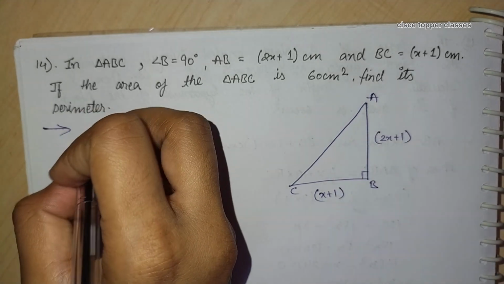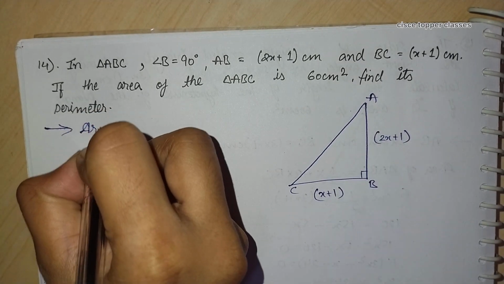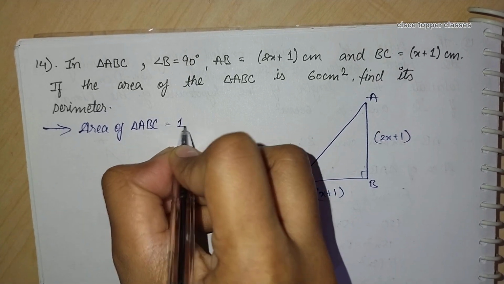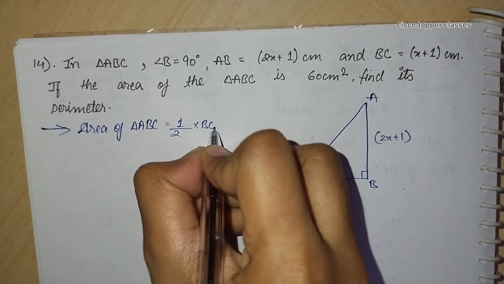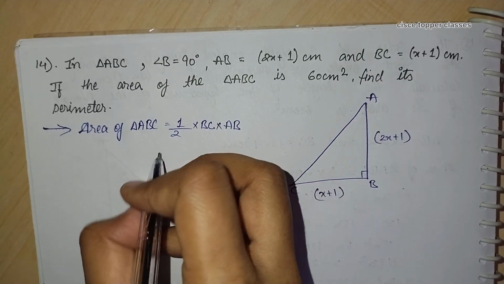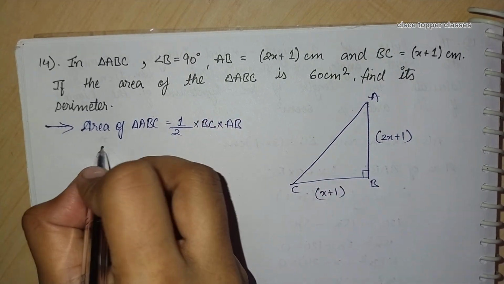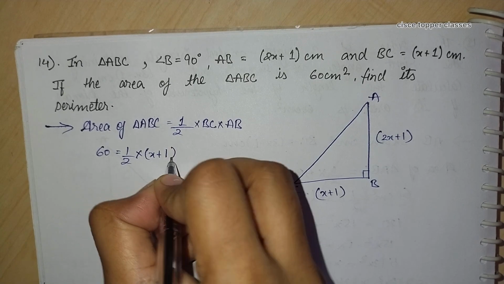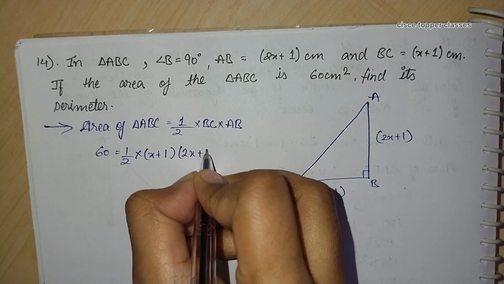So by the formula half base into height, we can write here area of triangle ABC is equal to half BC into AB. We'll put the value here as the area is given as 60. So this will be half into x plus 1 and 2x plus 1.